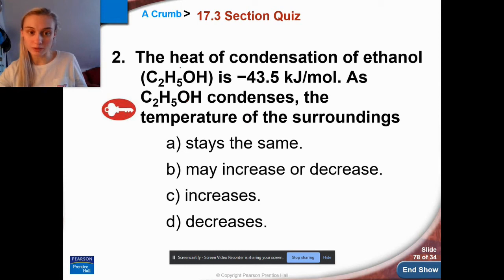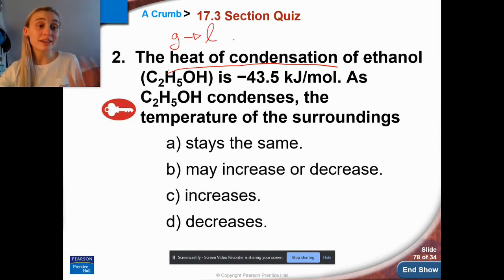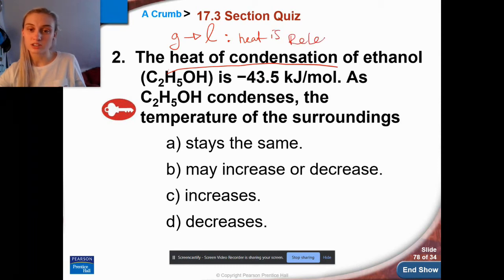So I know when we're talking about heat of condensation, we're going from a gas to a liquid. And when you go from a gas to a liquid, heat is released.